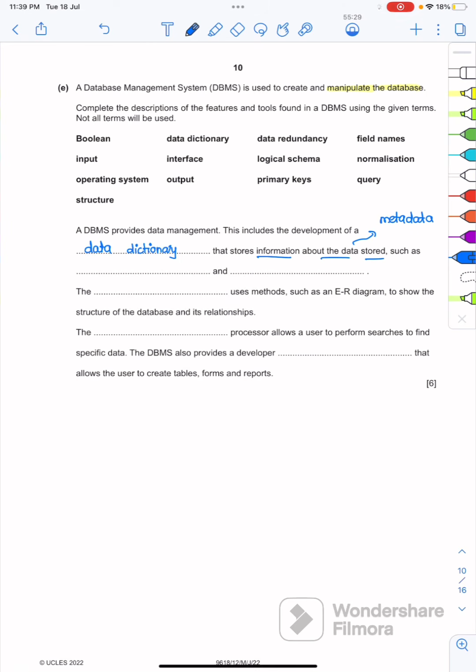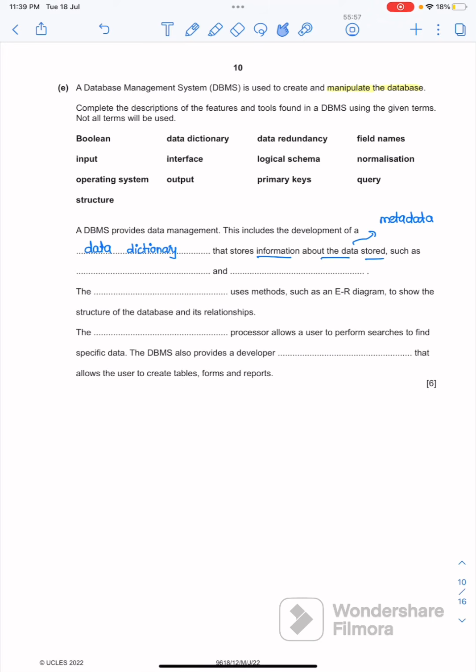Such as blank, blank. So there are different types of data that a data dictionary stores, and it can ask you in a 3-mark question as well: describe the data dictionary. So it stores the metadata. That's 1 mark, as it's mentioned here, and then you have to give examples of 1 or 2 things. Now the data dictionary can store relationships, it can store your primary keys, it can store your field names, etc. And funnily enough, that's I think what they've given us.